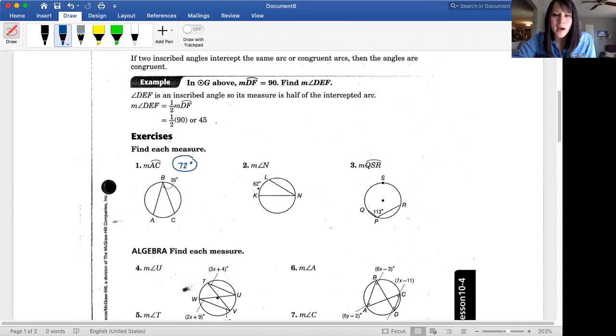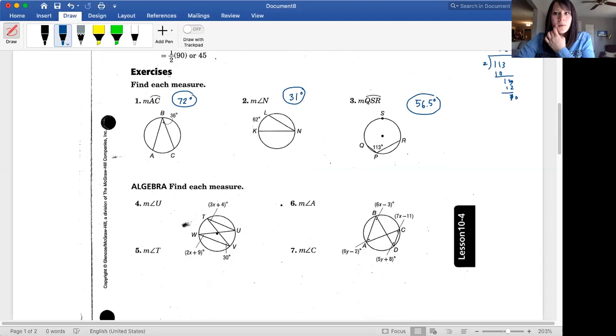Arc N is half of 62, so that would be 31 degrees. And then looking at arc QSR, that's half of 113, right? So that would be 56.5 degrees. Okay. All right, let's go back to our notes a little bit.